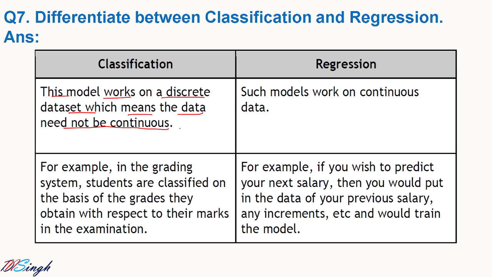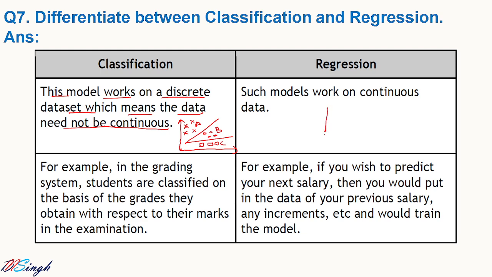If you plot the points of classification data, you find exactly the different classes in that data. So it might be like this, one class, another class, and one more class. This is a typical example of classification in graphical form.